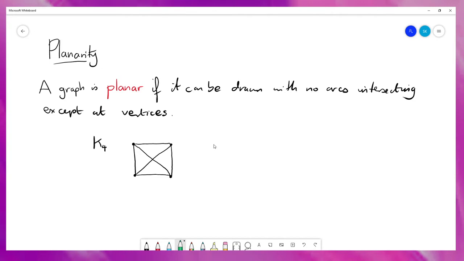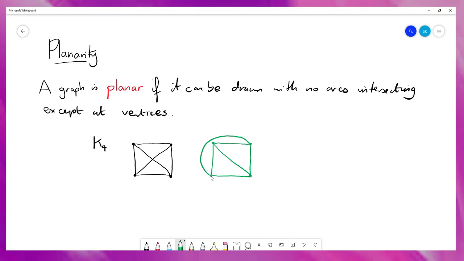However, we can draw this graph in a slightly different way. So we've got the same connections here, but if we draw this arc on the outside, these are still both the complete graph with 4 vertices. But you can see here that we have no arcs crossing except at the 4 vertices.